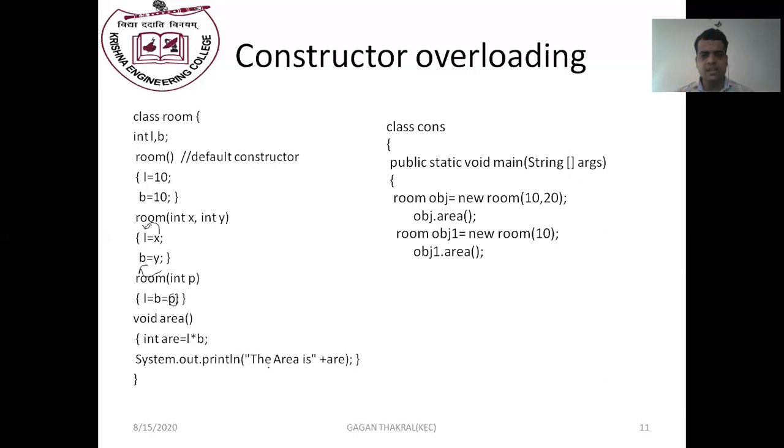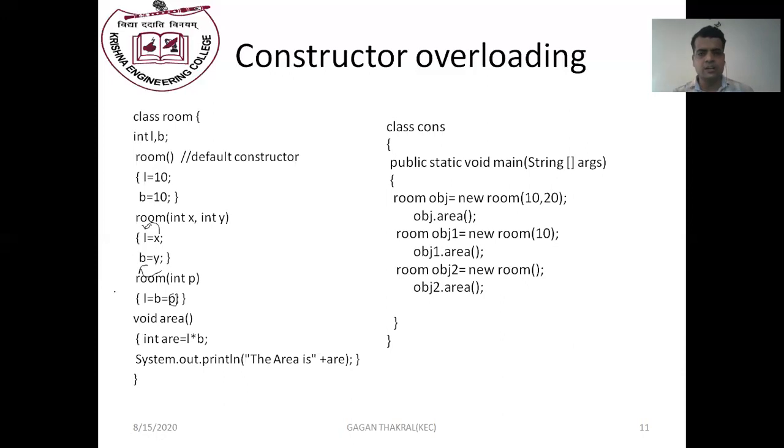Now again we create a new object obj1, and this time we pass a single argument, and this will also call the area function. And now again we create a third object, that is obj2, and with the help of obj2 again we call the area function. Finally we close the main definition and finally we close the class definition.